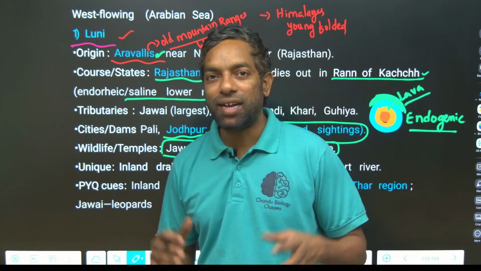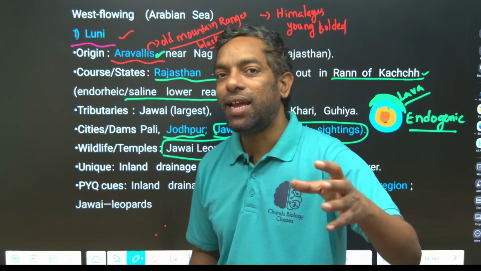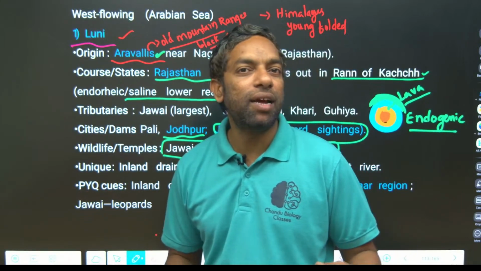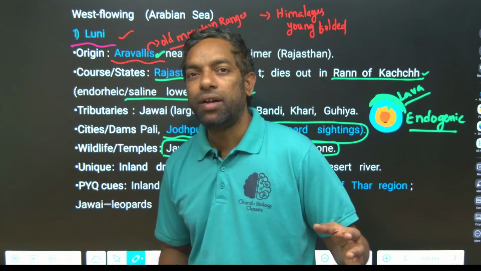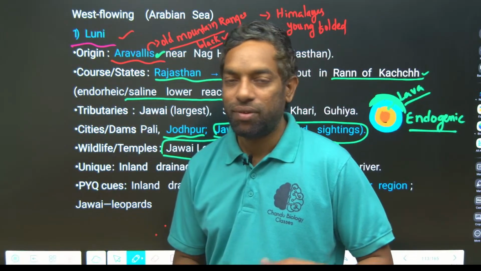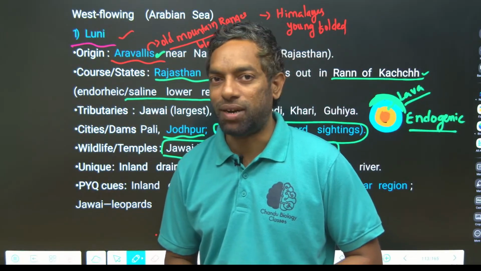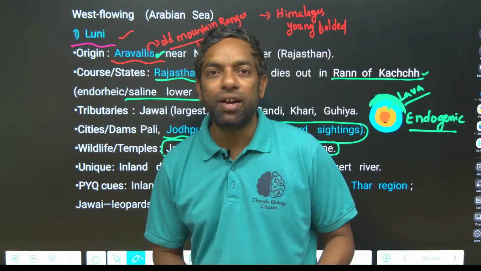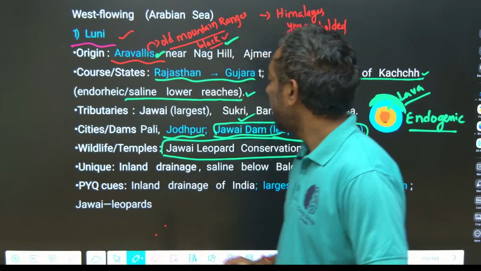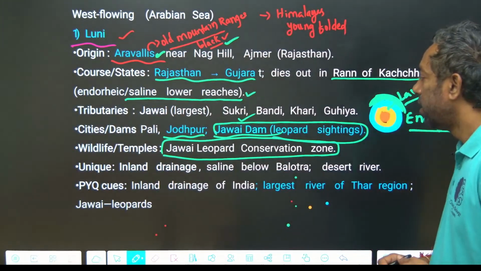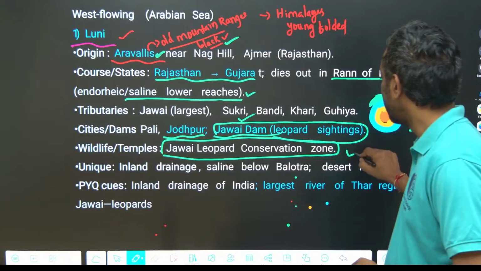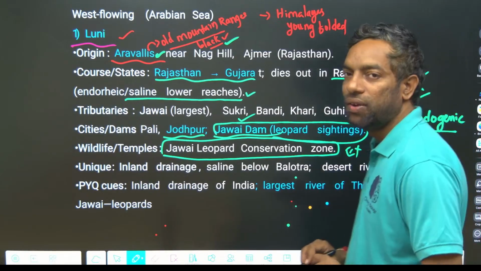If the plants are rich in a place, animals are also located there. So a river is directly relevant to wildlife or biodiversity hotspots. So the Luni river also created a wildlife zone, the Jawai Leopard Conservation Zone, guys. This is important for the exam.